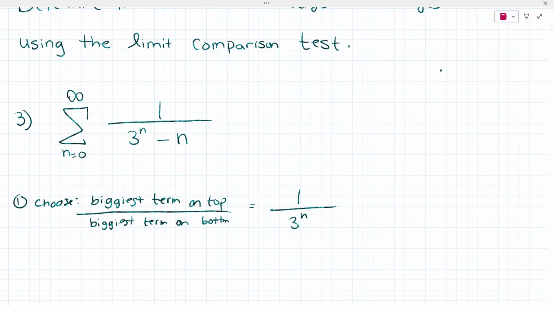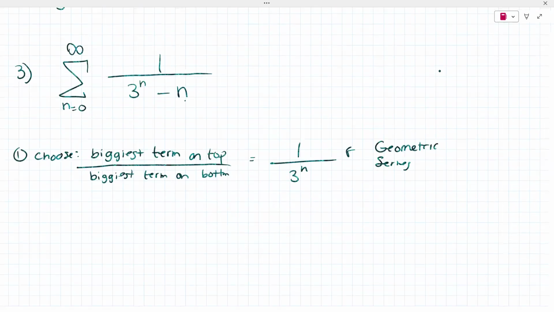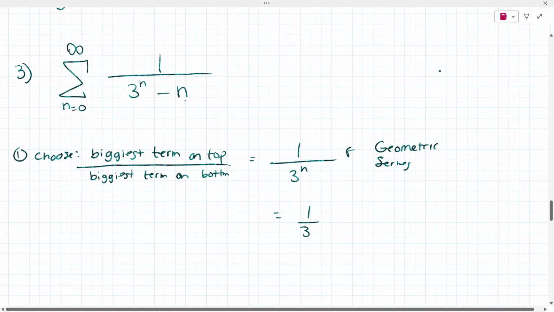So the highest term on the top is 1, and the highest term on the bottom is not n, it's actually 3 raised to the n, right? And this concludes it looks like a geometric series. Or you can rewrite this as (1/3) raised to the n, right?